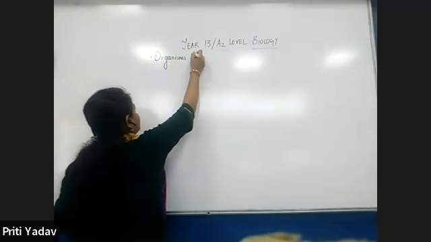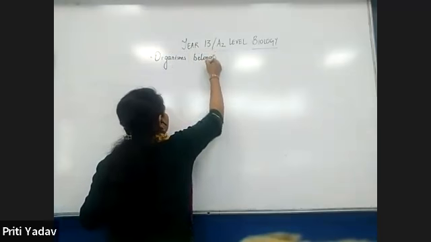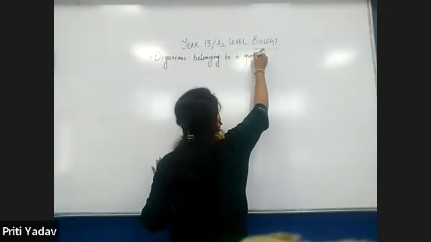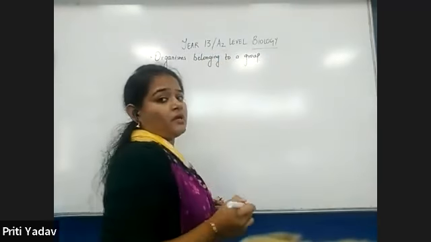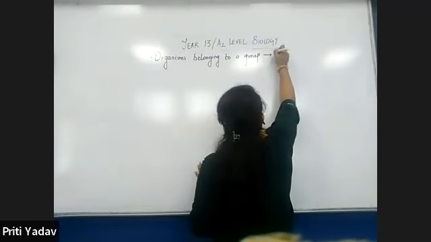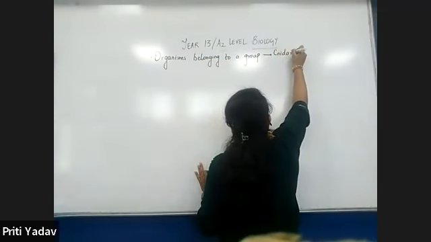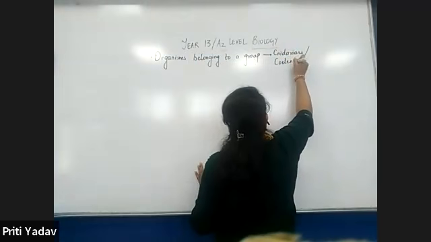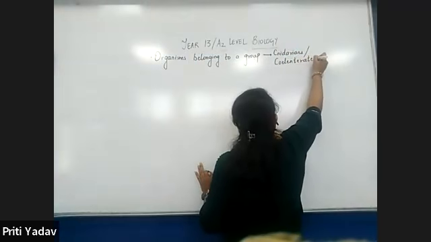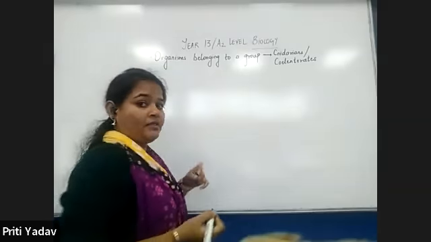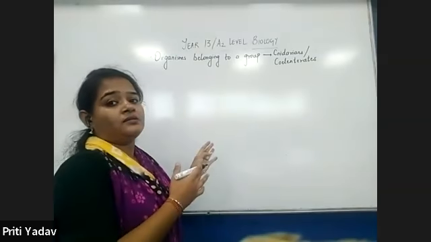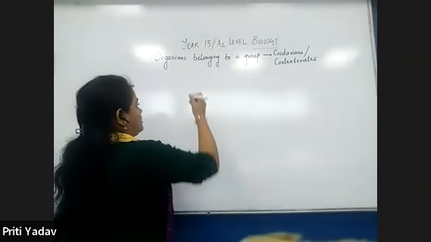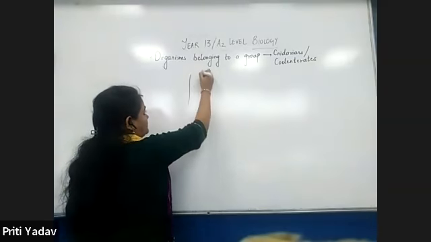Organisms belonging to a group which are called coelenterates or cnidarians. Now, how can we categorize this group of organisms performing diffusion? You see again the body.